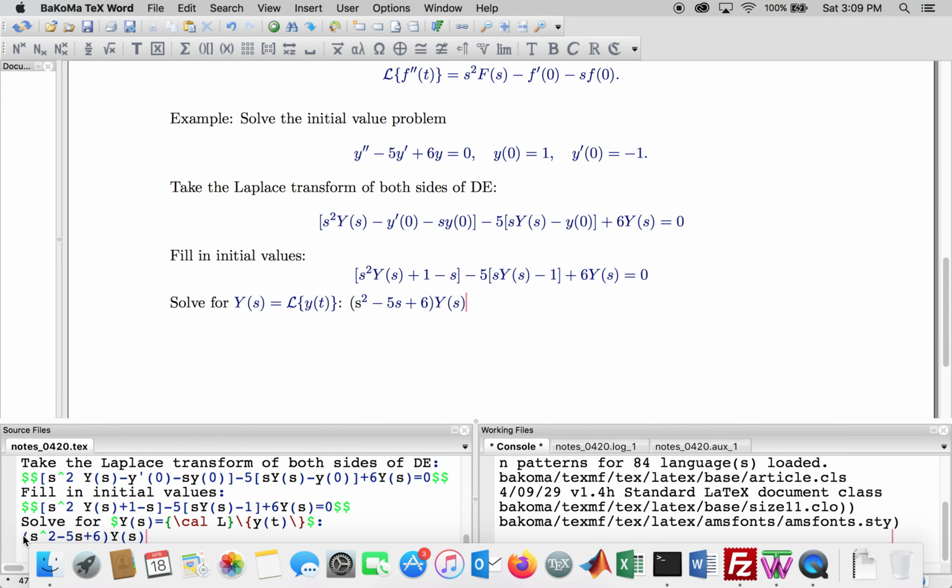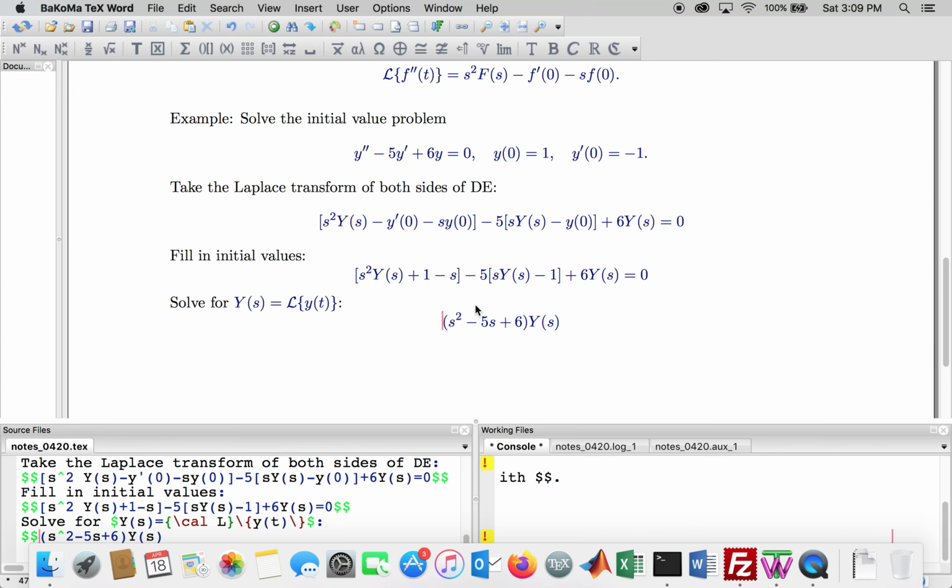Okay. And then after that, I will write whatever other terms we have. So I have plus 1 minus s coming from here, and then I have plus 5, and then that's it. All that is equal to 0.